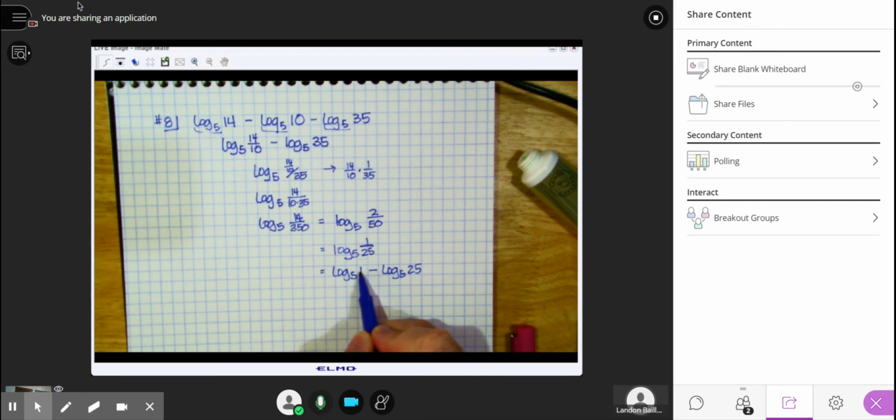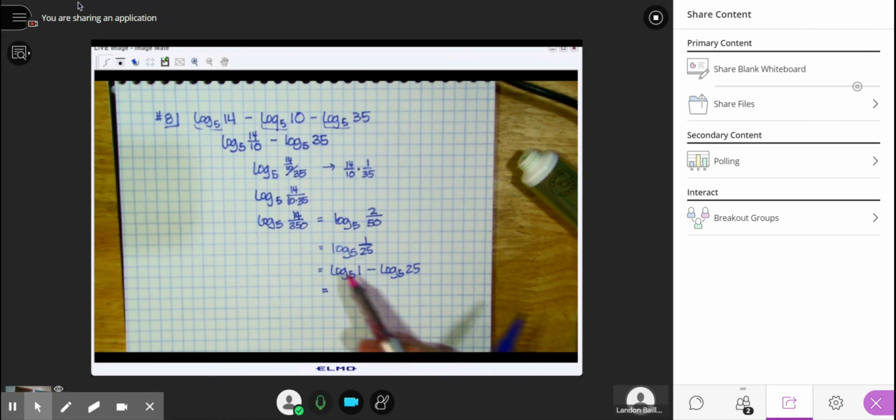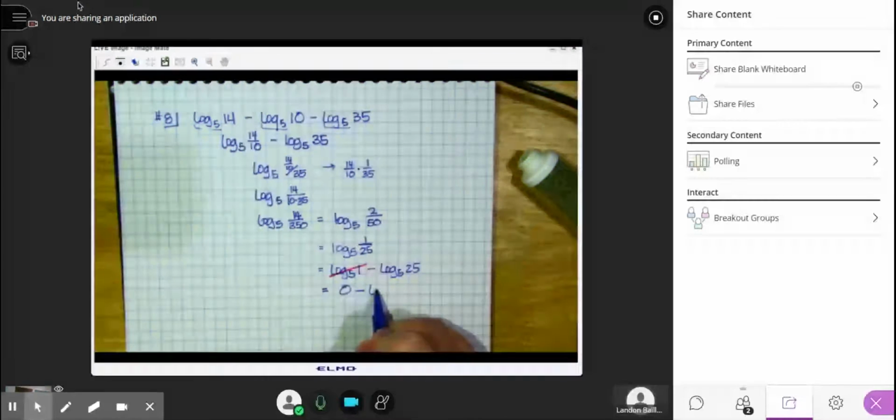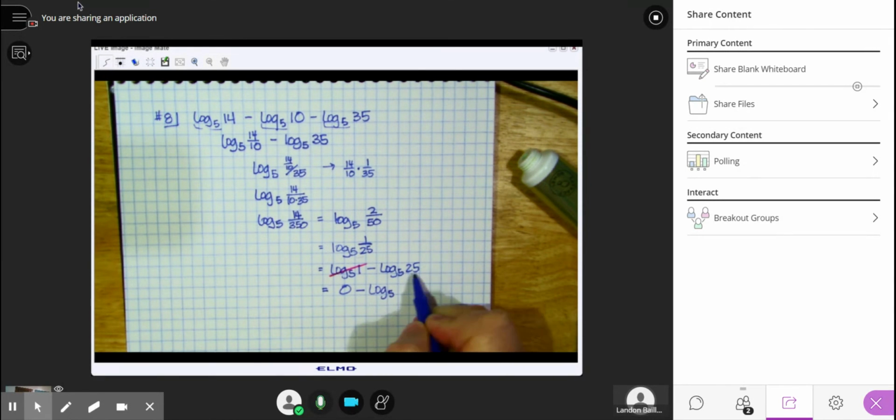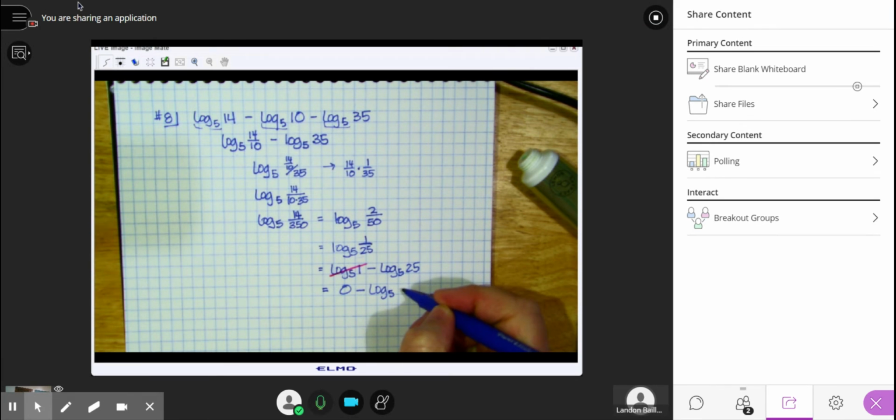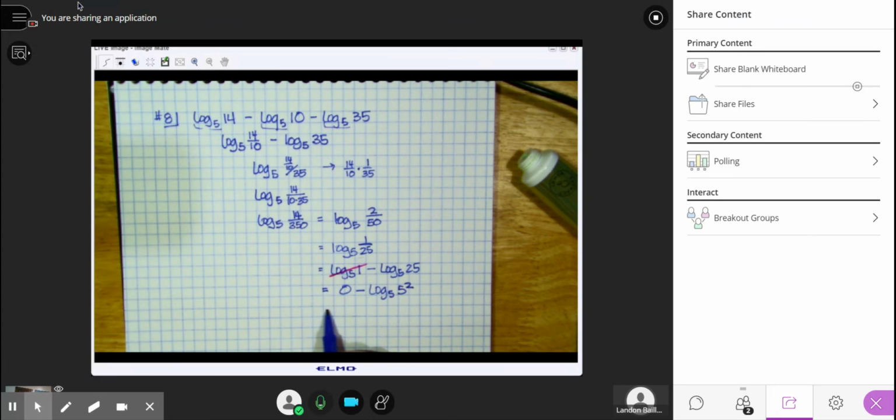Log base 5 of 1 is just a fancy way of writing 0. Can you rewrite 25 as a power of 5? Okay. Now what are you going to do with that 2? Negative 2 log base 5 of 5, which is just a fancy way of writing 1. So we get a negative 2.